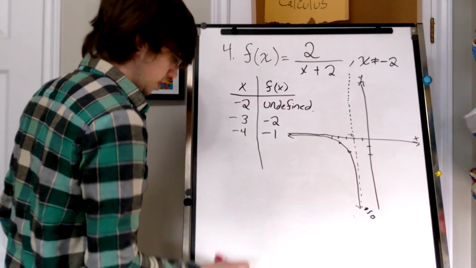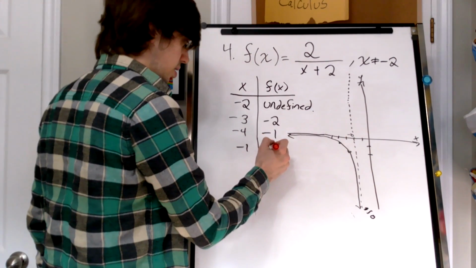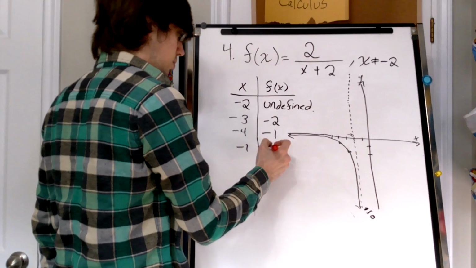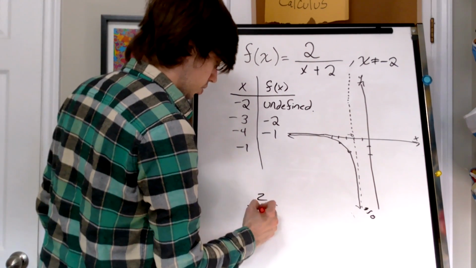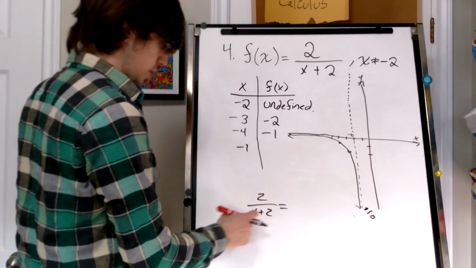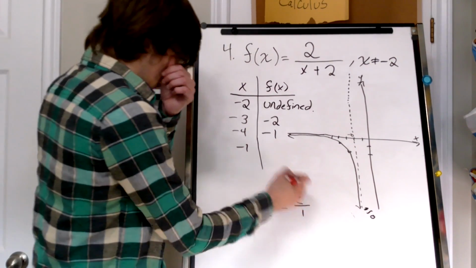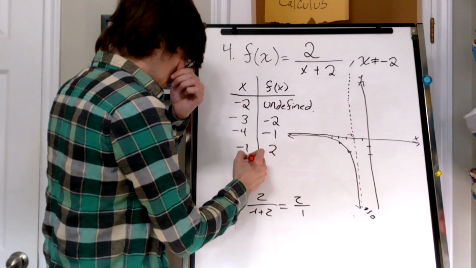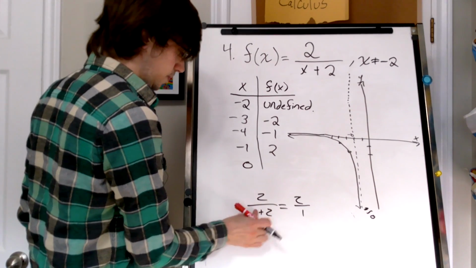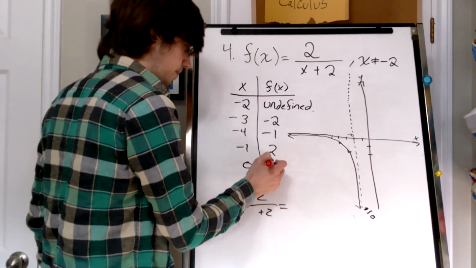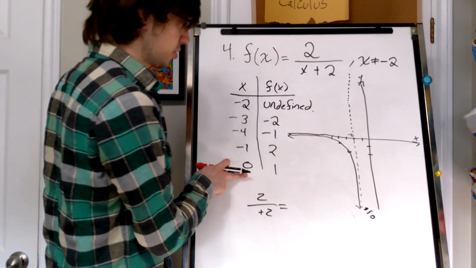We saw when this was a -1 that we had, what did we have? 2 over -1 plus 2. That's +1, so that's 2. And then 0 is 2 over 2, just 1. So we can see that we actually have the same thing happening on the other side.